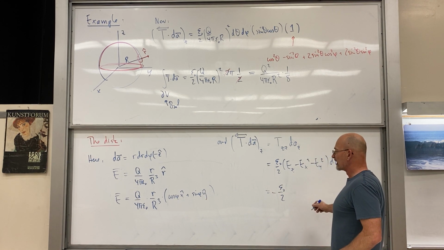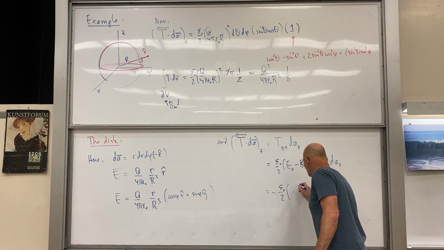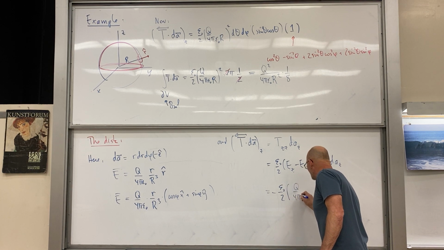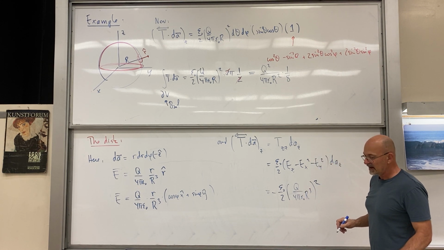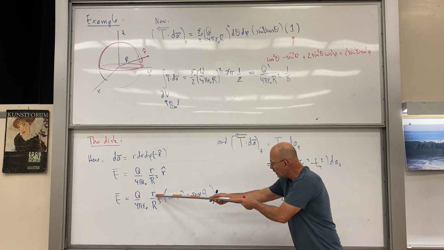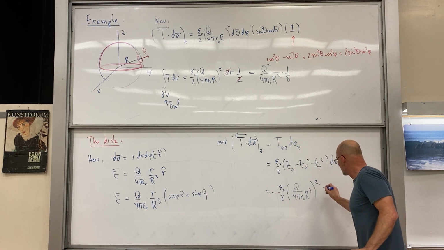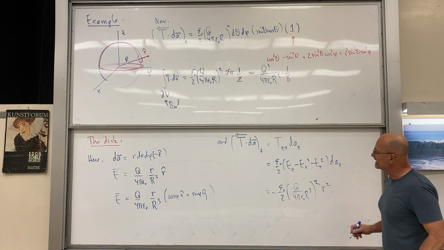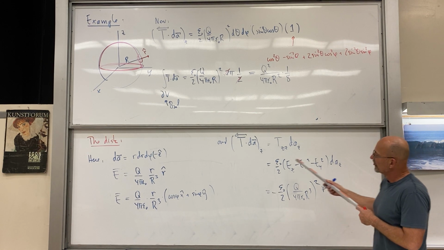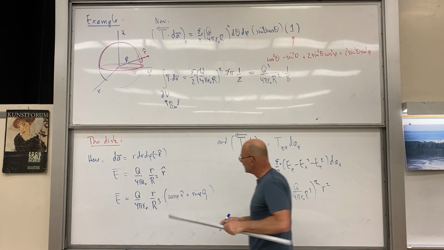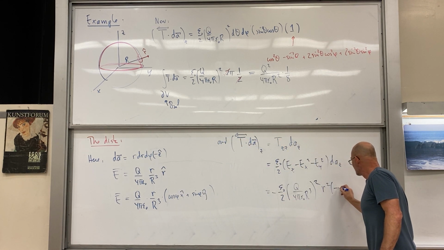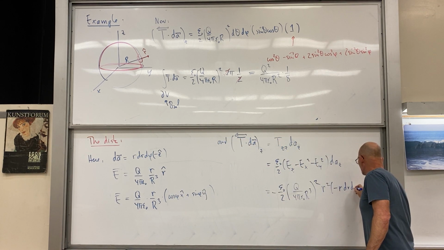So that's that minus sign, so we have q over 4 pi epsilon naught R cubed, square that, and then we have this r squared, and the dA z is going to give us another minus sign, r dr d phi. Minus r dr d phi.